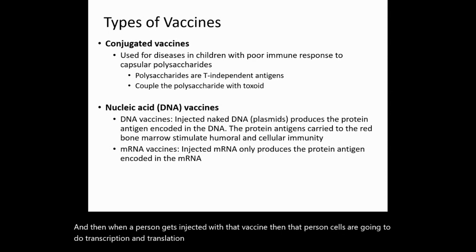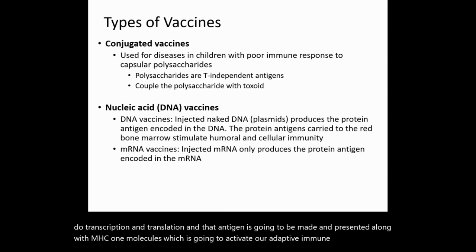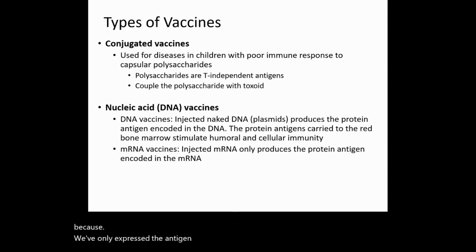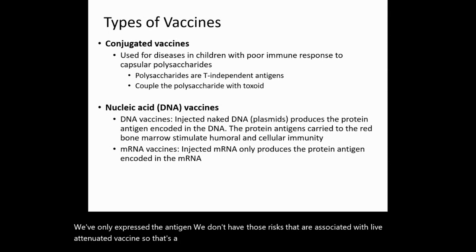And that antigen is going to be made and presented along with MHC1 molecules, which is going to activate our adaptive immune response. So that means that this type of vaccine is going to activate humoral and cellular immunity. But because we've only expressed the antigen, we don't have those risks that are associated with live attenuated vaccines. So that's a huge perk.